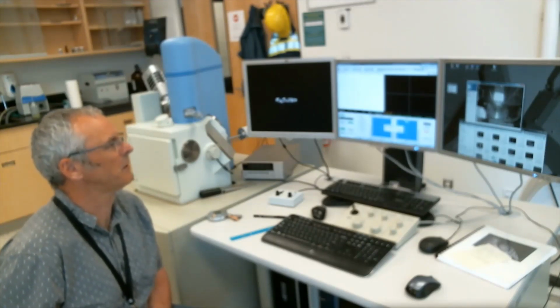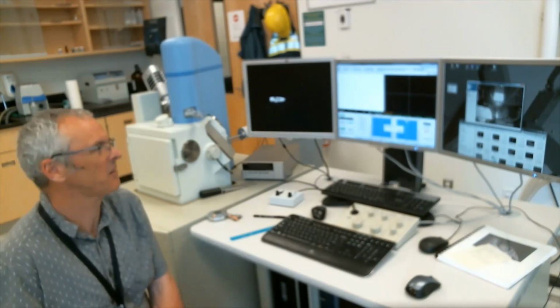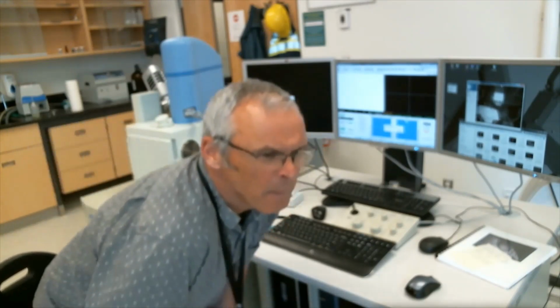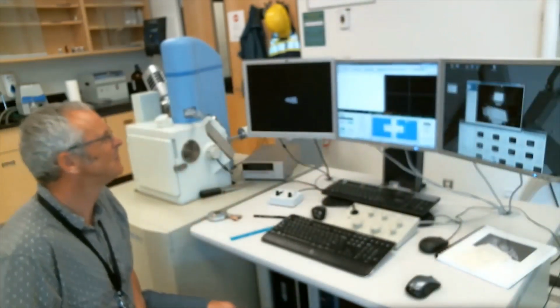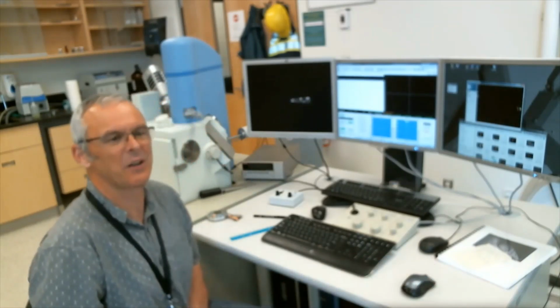See the sample moving into position now. I pre-programmed this position earlier this morning because it's got some interesting features I wanted to look at for this. And we're just waiting for the vacuum to pump down.